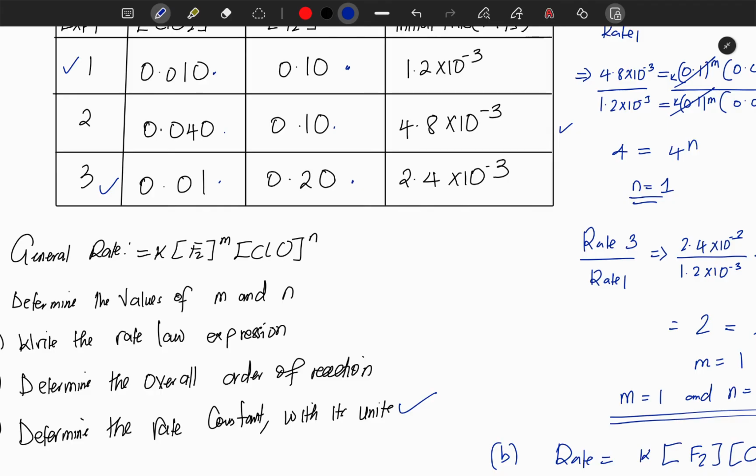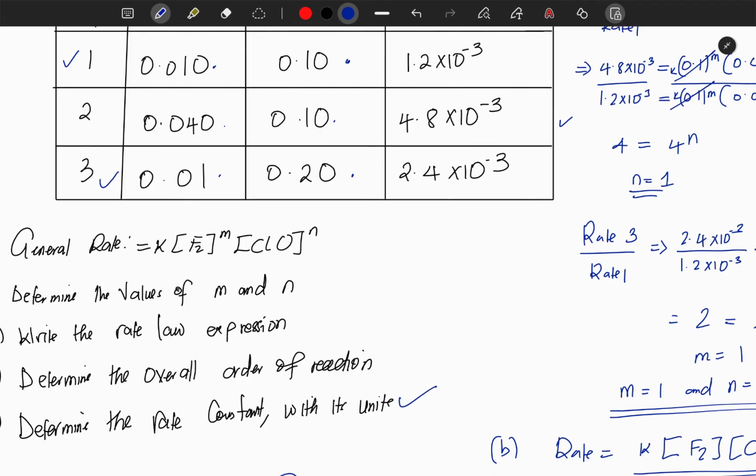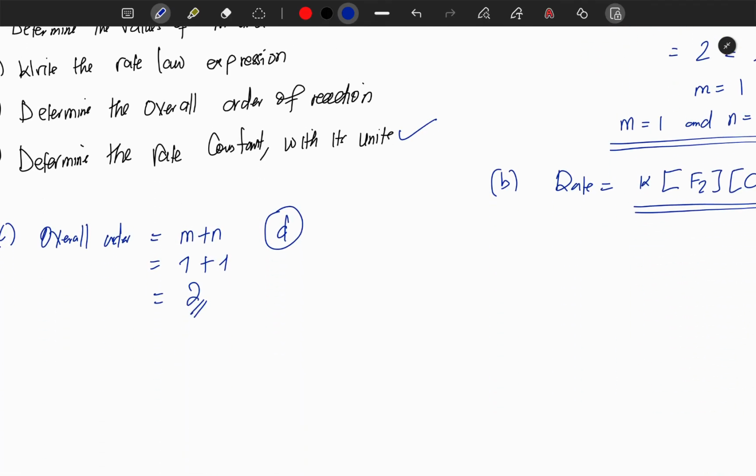It's really nothing. So if you get experiment 1, we know that our rate is equal to K times concentration of F2 times concentration of ClO.